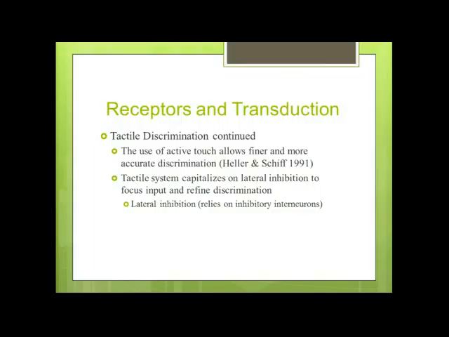So there's actually a process that occurs at the first synapse in the nervous system with the tactile discrimination system that sends a message back to the receptor field that's receiving the information that says, you cells on the outside of this field, stop talking so much. We just want to hear from that cell that's in the middle. And that gives us detailed information. This is a type of sensory integration or sensory processing that can affect discrimination.